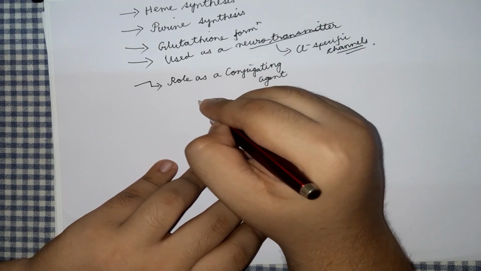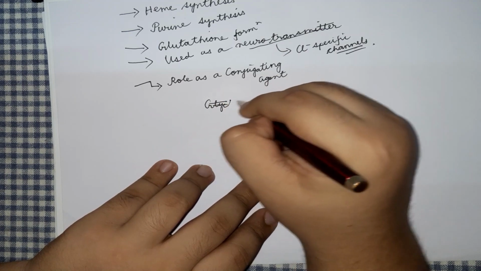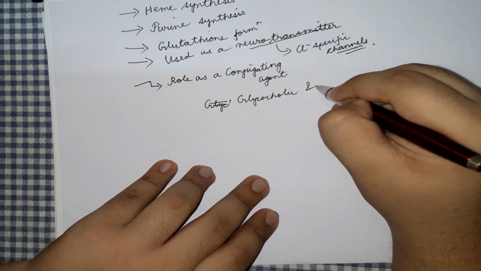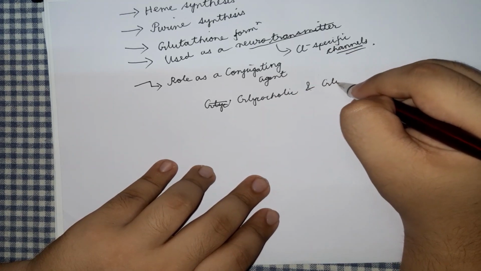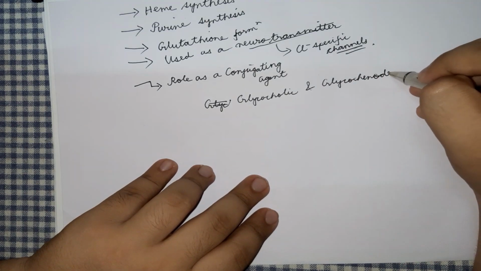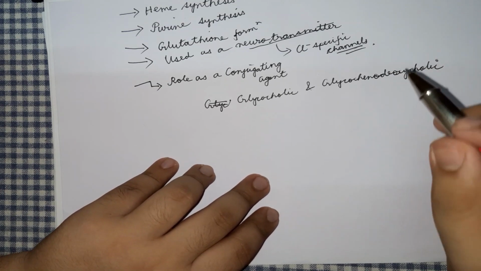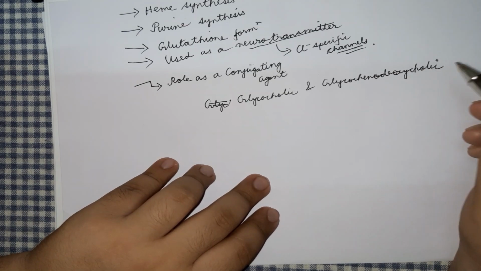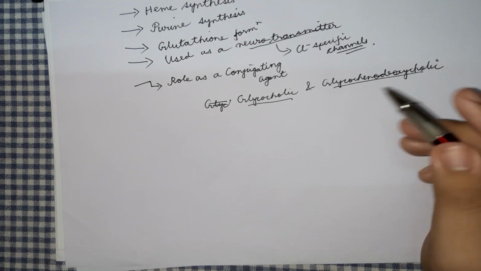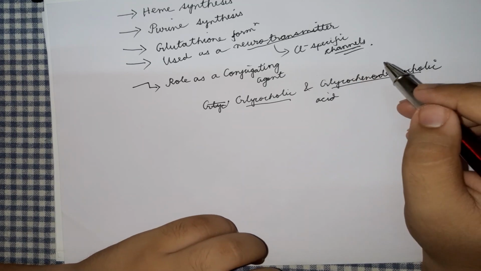Examples of those are glycocholic acid, and another very important one is glycochenodeoxycholic acid. So glycocholic acid and glycochenodeoxycholic acid are important bile acids and they are conjugated by glycine.